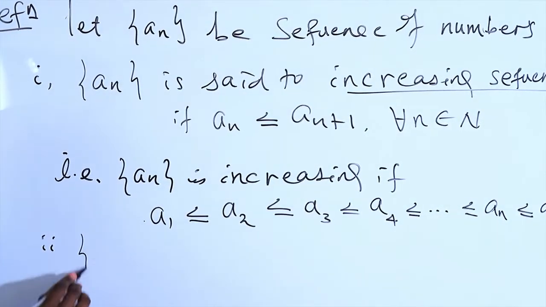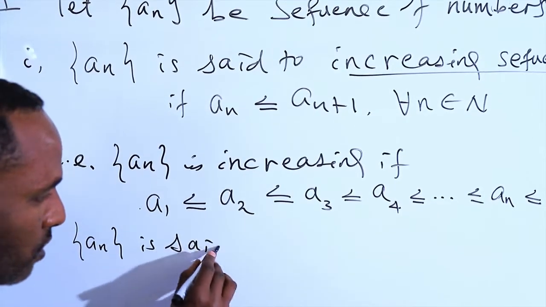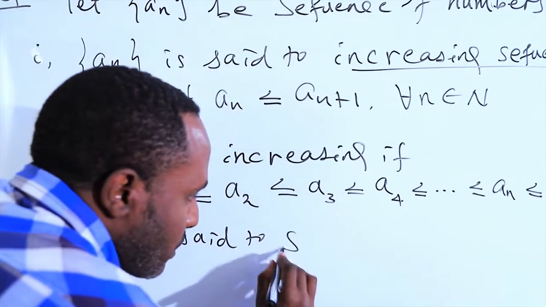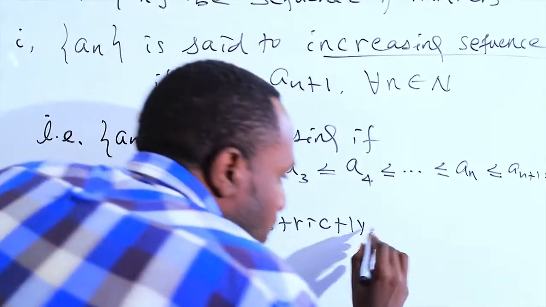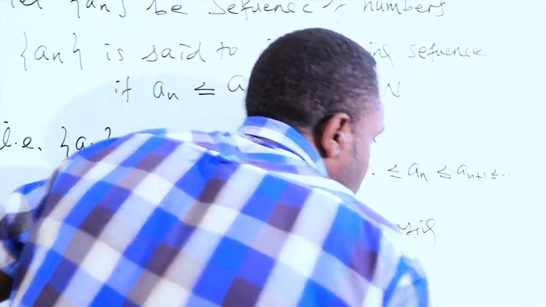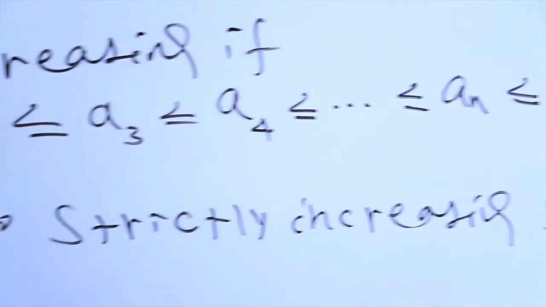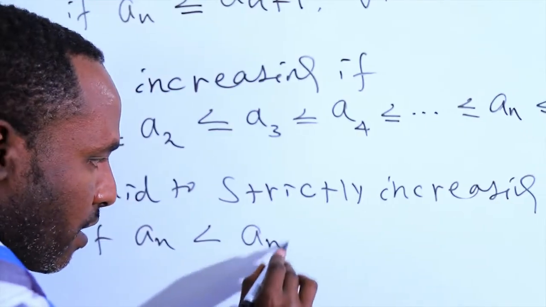The third definition relating to this: the sequence AN is said to be a strictly increasing sequence if AN is strictly less than AN plus 1.